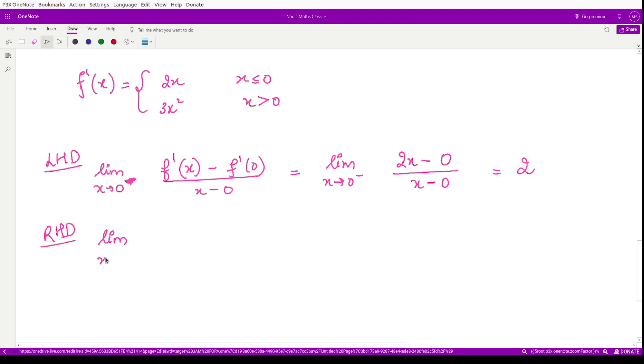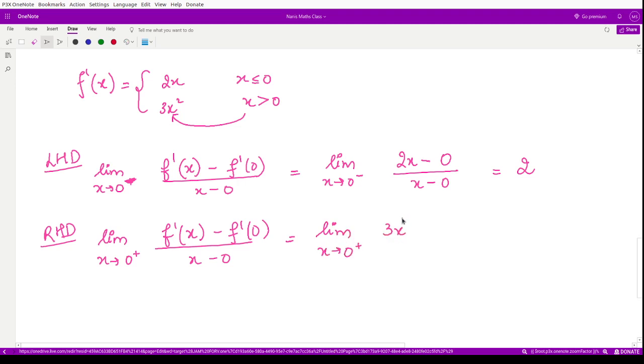And we are to check the right hand derivative. For the right hand derivative, we'll check the limit whenever x is going to 0 positive of f dash x minus f dash 0 divided by x minus 0. Now what is the function's value when we are reaching the point 0 from the right hand side? It is 3x square.